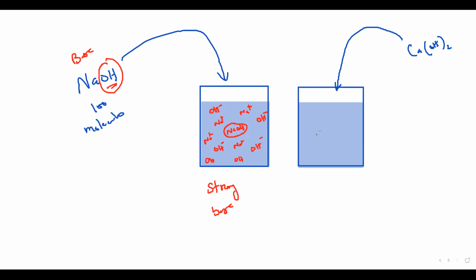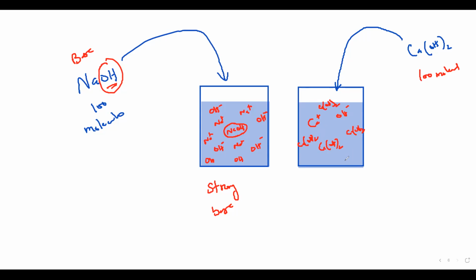When we add this to water, like if we were having say 100 molecules of calcium hydroxide, what we observe is only one molecule dissociates and the rest remain as calcium hydroxide, in a molecular state. Only one of the molecules dissociates or breaks down into ions.